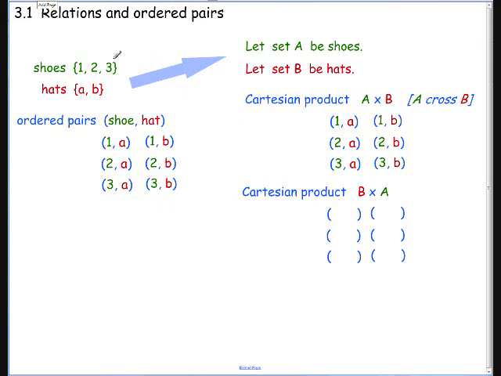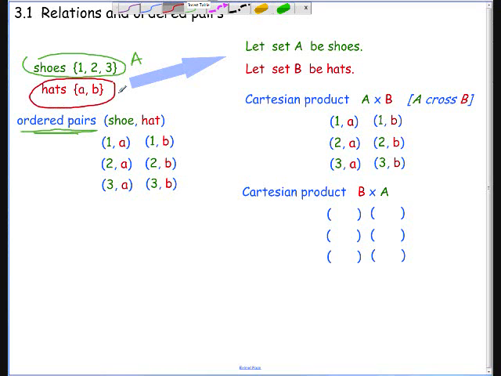Relations and ordered pairs. So here's what we came up with for our ordered pairs with the shoes and hats. If we think of this as set A, right here, this is set A, and this is set B. And one of the ways we denote a set is with these curly brackets.